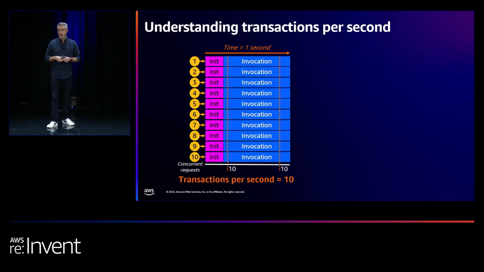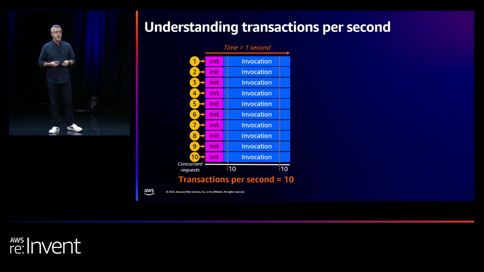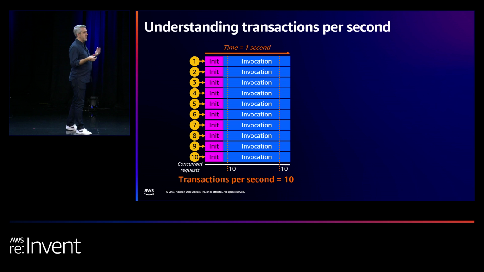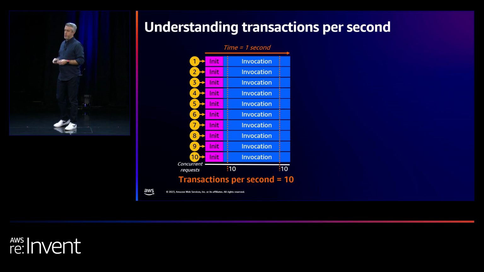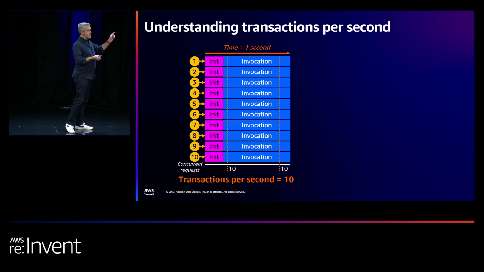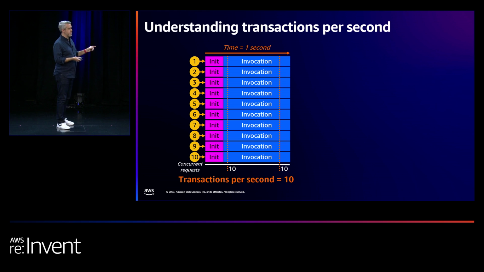Now talking a little bit here about TPS. TPS starts to play a role when you talk about downstream systems, right? If I'm talking to a relational database, I only have so much capacity and ability to work with that database, or maybe I have a third-party API that I'm working with. Again, I might be constrained by some aspects of that third party. Effectively, transactions per second is relative to the concurrency that you have and the time that it takes your functions to run.